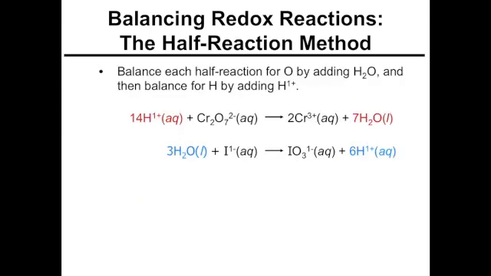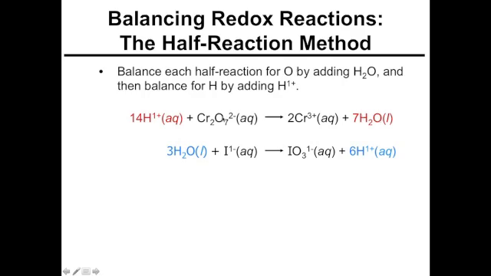Okay. So I noticed that in the first half reaction, I have 7 oxygens over here and none here. So I need to add oxygens to the product side. To add oxygens, I add them in the form of water. So I need 7 oxygens, so I add 7 waters on this side.